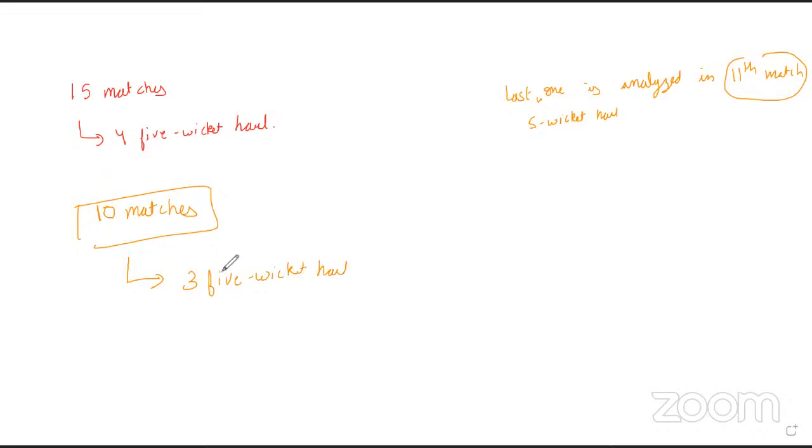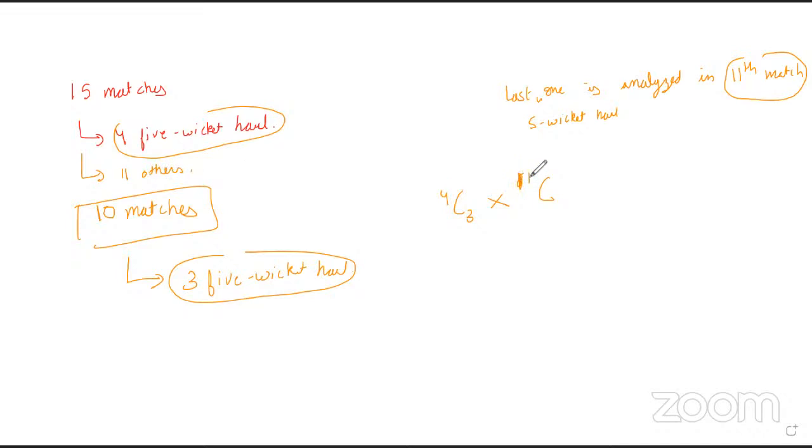So in how many ways is it possible? Out of these 4, I need to select 3, right? And in the remaining 7 matches, it could be anything, the non 5 wicket haul matches.